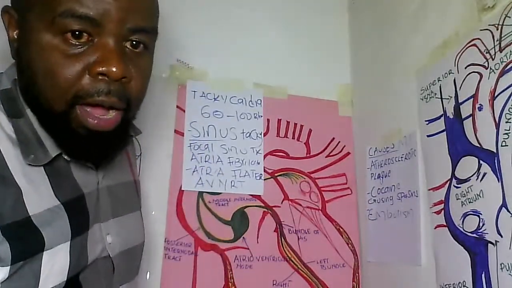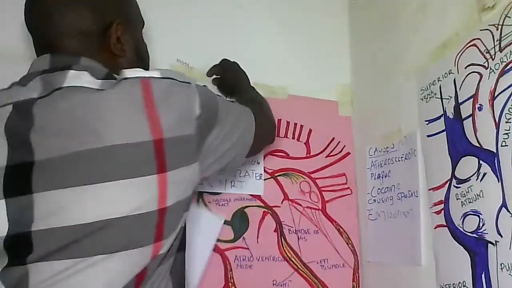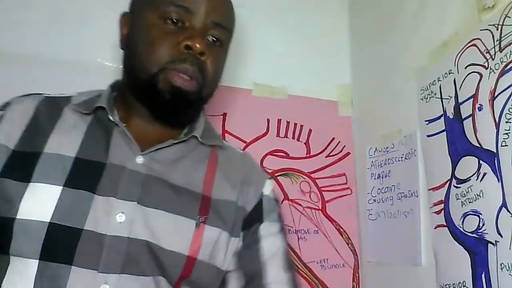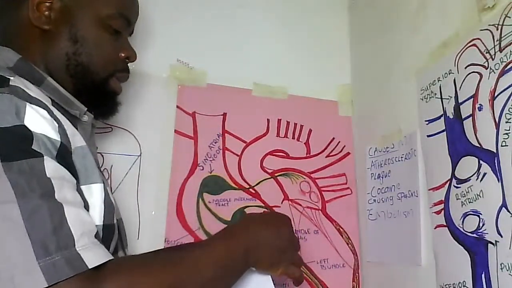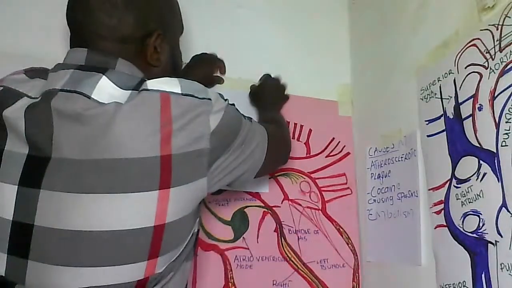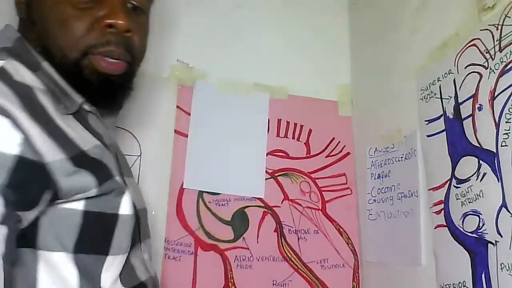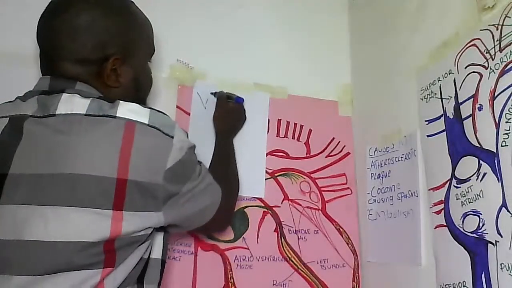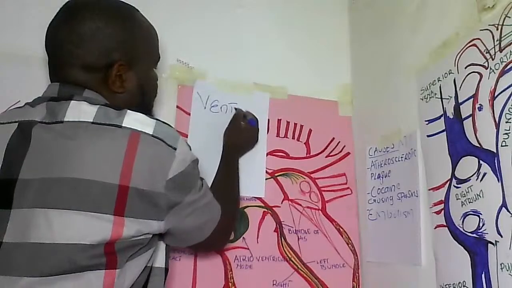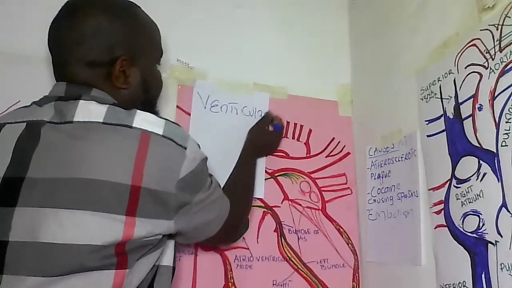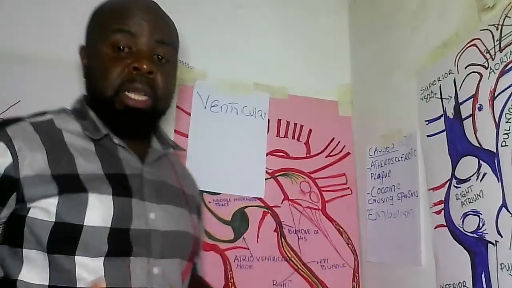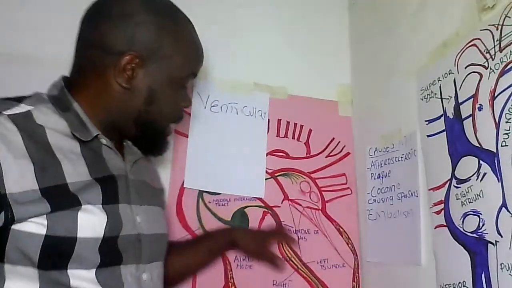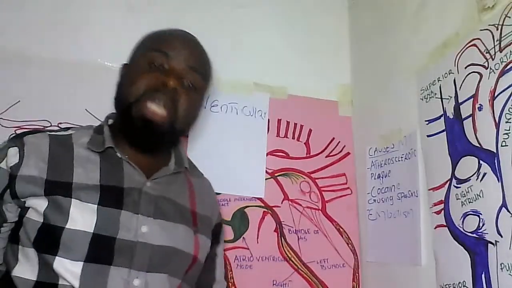We can have a problem called ventricular tachycardia. The ventricles can beat so fast, above 100 beats per minute, because you have said it's 60 to 100. When the electric impulse is coming down, it is beating so fast.